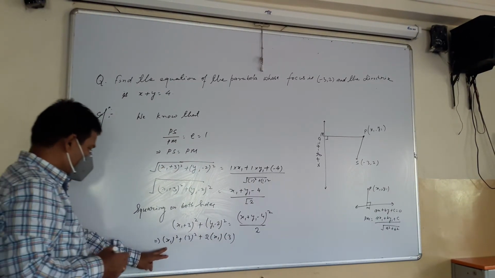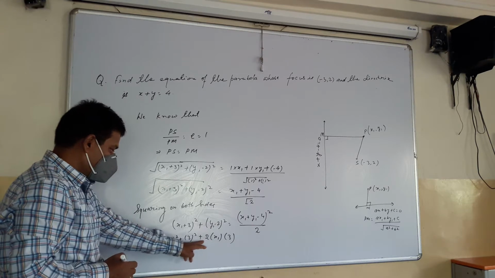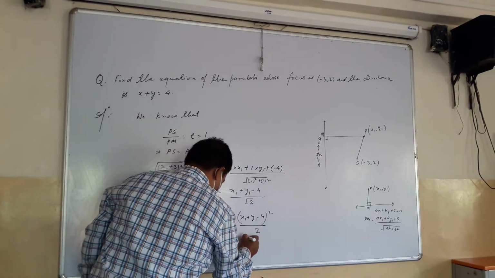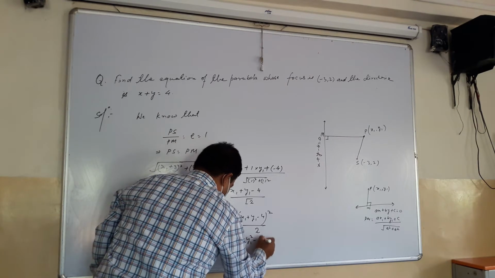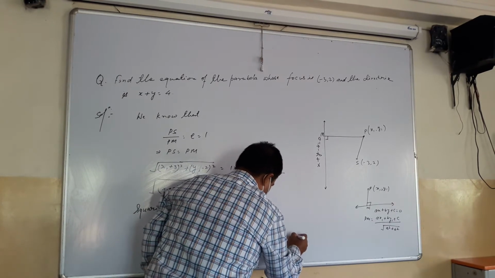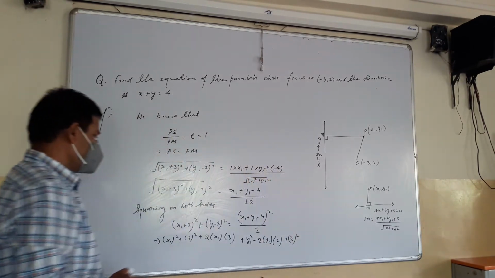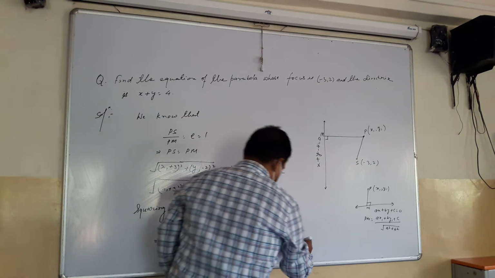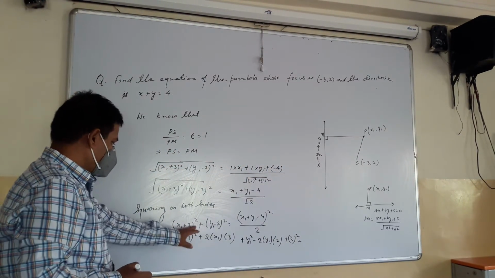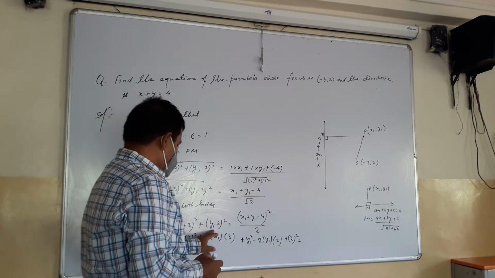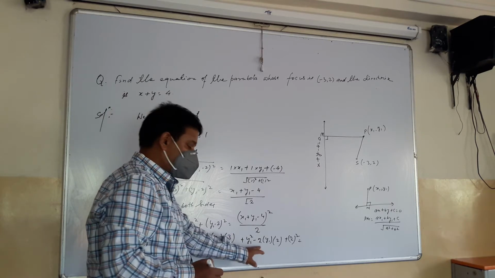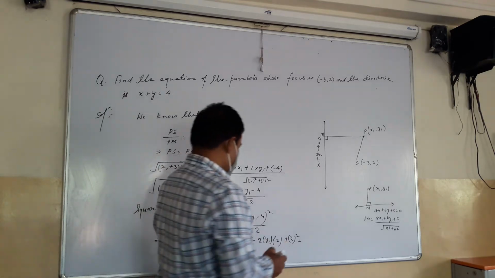We use the formulas: (a + b) whole square is a square plus b square plus 2ab, and (a - b) whole square is a square minus 2ab plus b square.